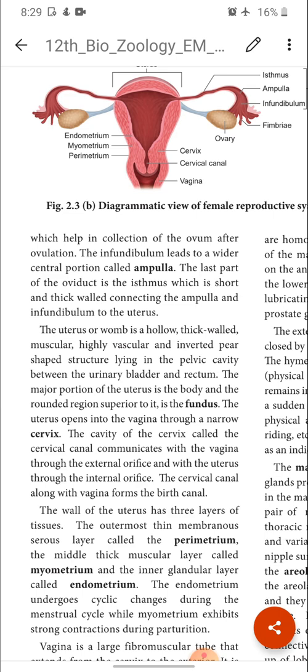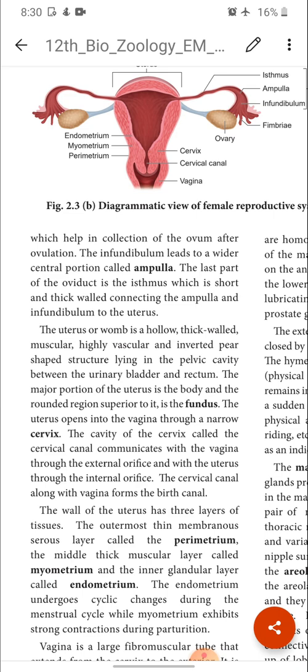So, children, the uterus, otherwise called the womb, is a hollow, thick walled, muscular, highly vascularized, inverted pear shaped structure located in the pelvic cavity in between the urinary bladder and rectum. The major portion is the body, and the rounded region superior to it is called the fundus. The uterus opens to the vagina through the cervix.